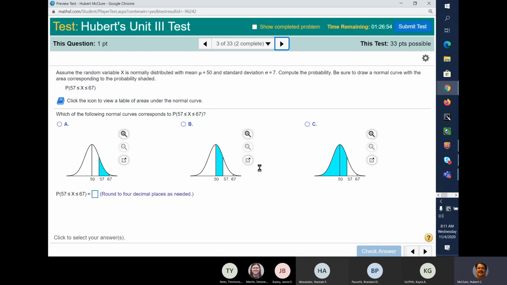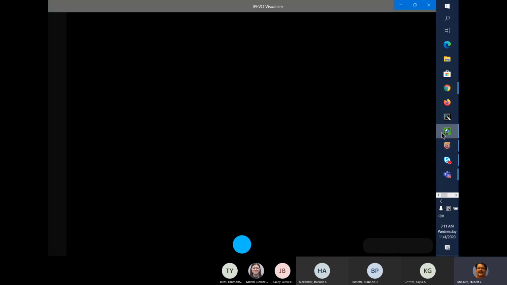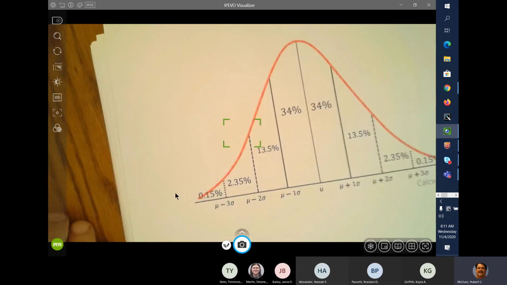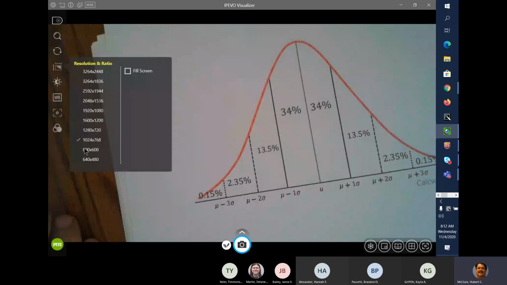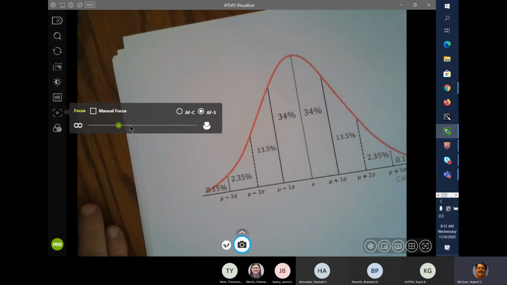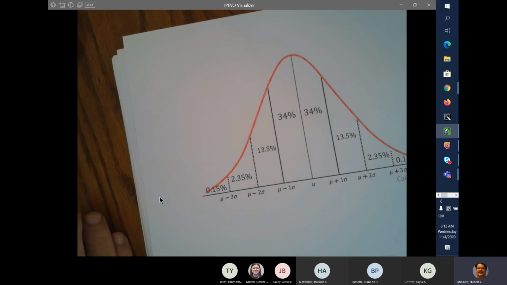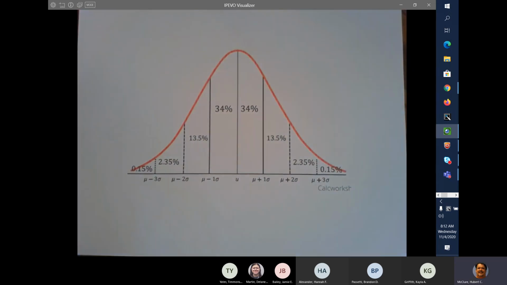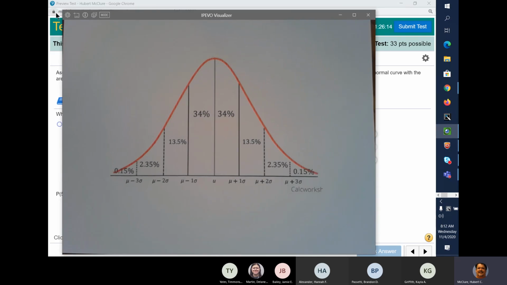Next. Assume the random variable is normally distributed with a mean of 50 and a standard deviation of 7. So that means we're going to our handy dandy document cam. So I'm going to minimize this, make it smaller.